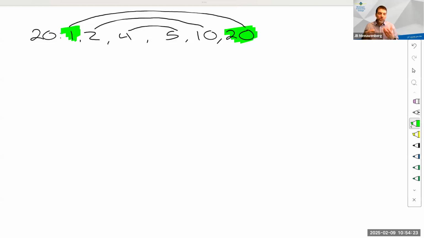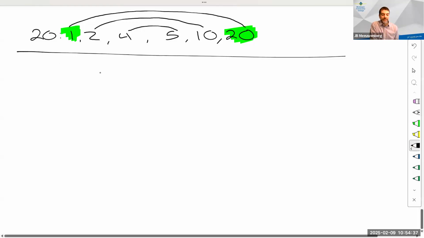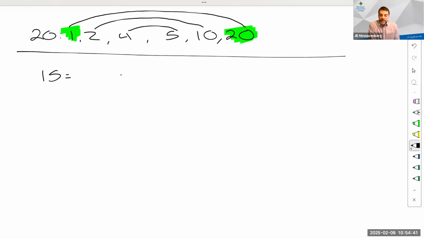Now, there's an interesting relationship between the prime factorization of a number and the factors of a number. So I'm going to show you what it looks like for the number 15.